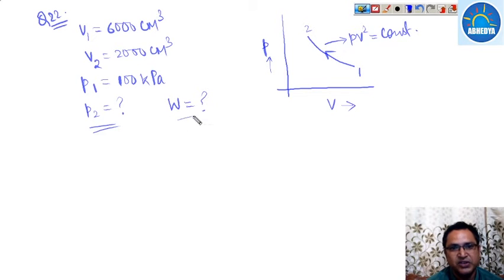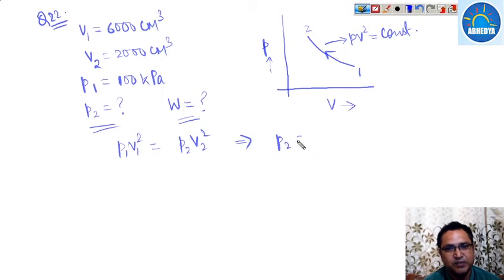So I hope this question you can easily solve by using the law P1 V1 square is equal to P2 V2 square. By using this you can get the value of P2, which comes to be P1 into V1 upon V2 whole square. What is the P1?